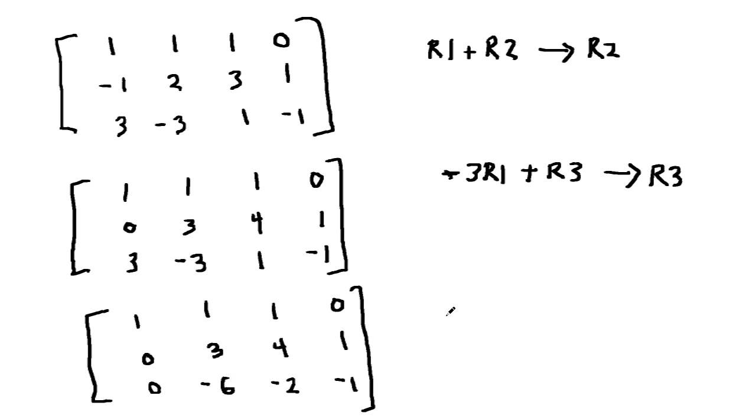So let's do 2 times row 2 plus row 3. That'll give us our new row 3.